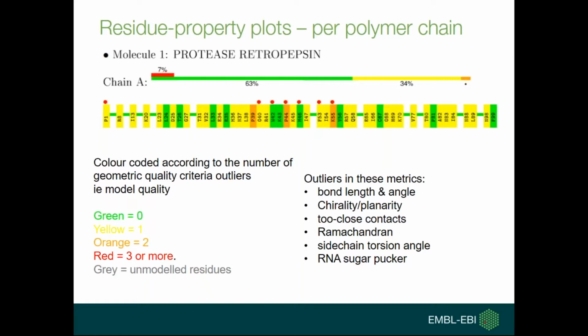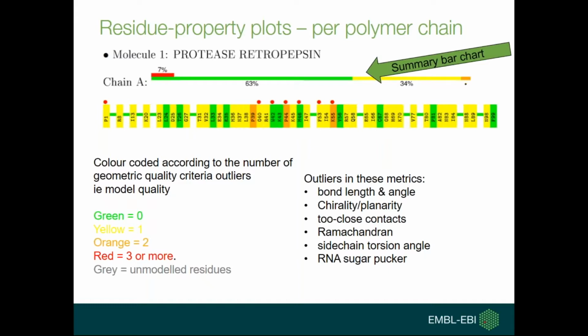We know typically what the sugar should look like in an RNA, and if they're out, then that's surprising. But this color coding is important to remember because we'll see that later in various other different views of the structure, which keep to the same color coding.